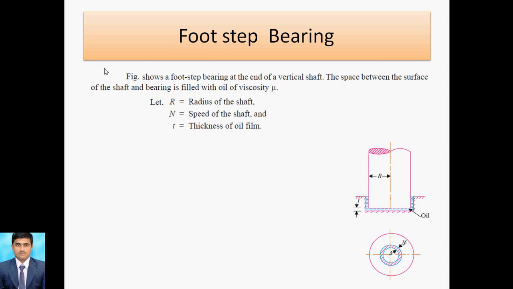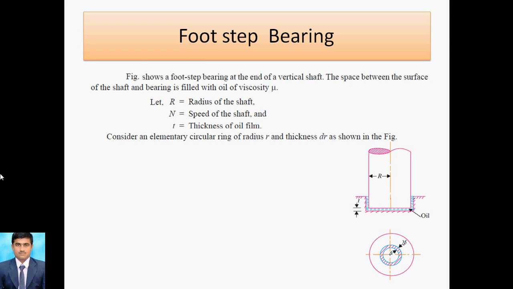Now we move for the given data, that is R is the radius of shaft, then N is the speed of the shaft, and t is the thickness of the film. Here I'll clearly mention that the blue lines indicate the thickness of the film, and here the sleeve is there and the shaft is rotated. So this is about the footstep bearing.